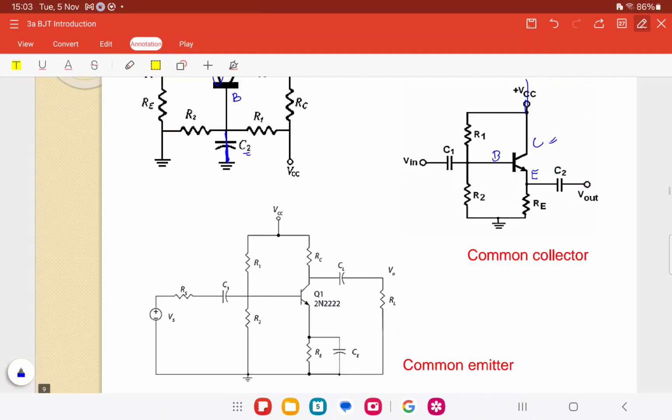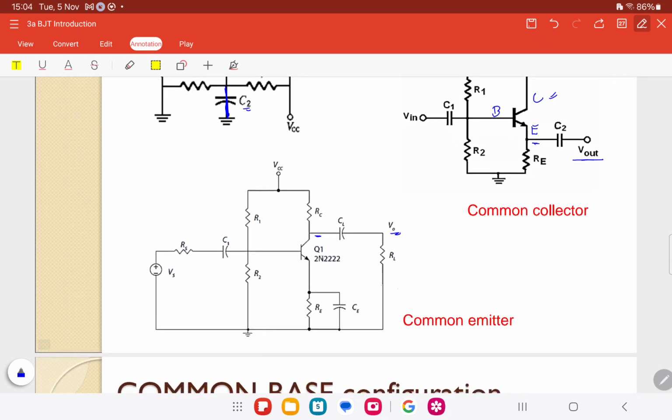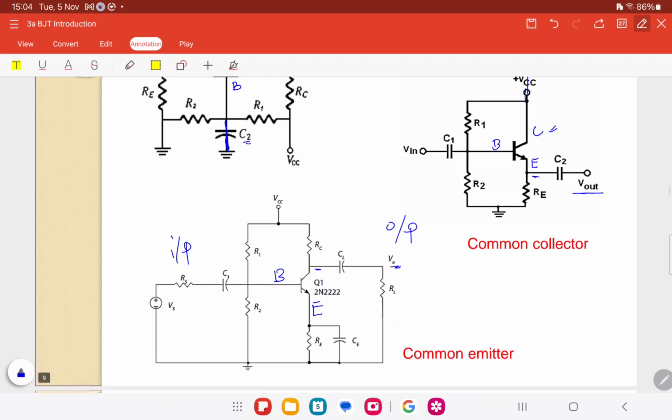Beza dia adalah common collector, V out dia duduk dekat E. For this one, V out dia duduk dekat sini atas. Okay, so E yang common for both input, ini adalah input, this is output. So this is base. Kalau ni input, this one is output. Emitter connect to the output, so C yang akan common untuk dua-dua.